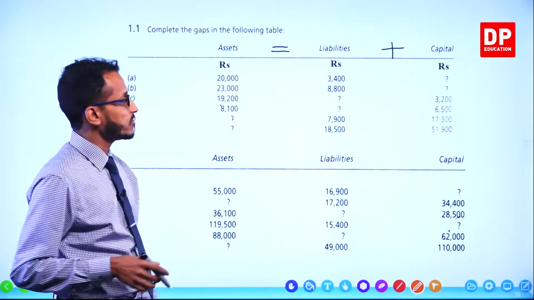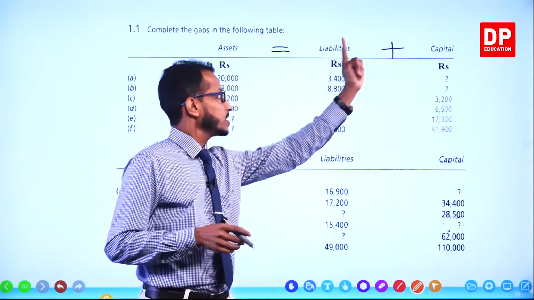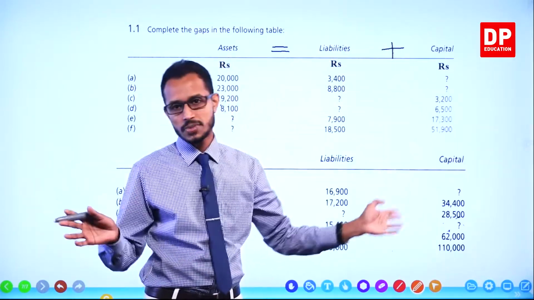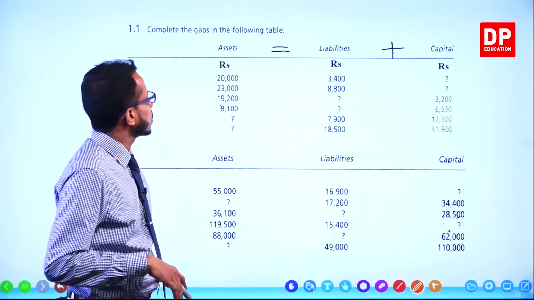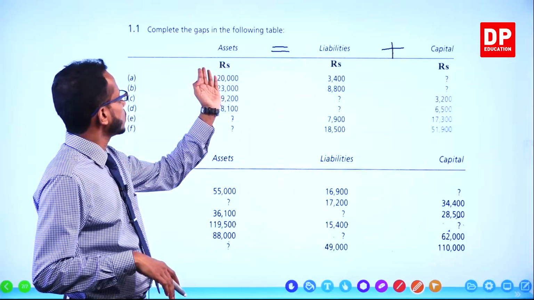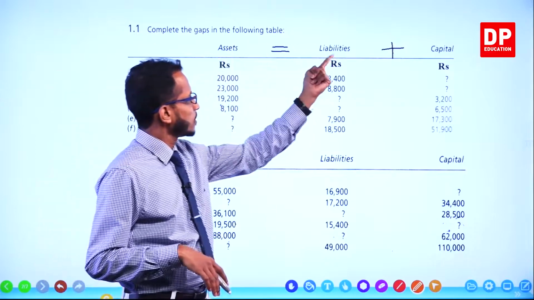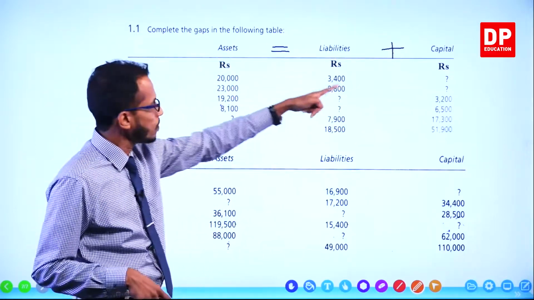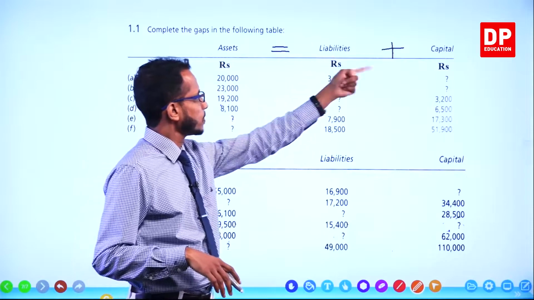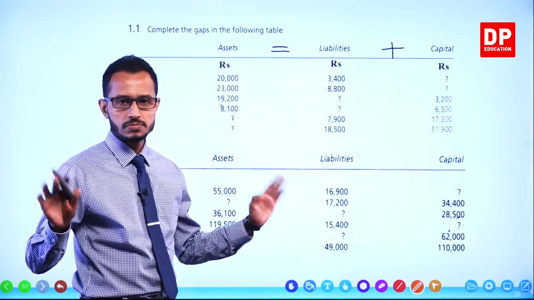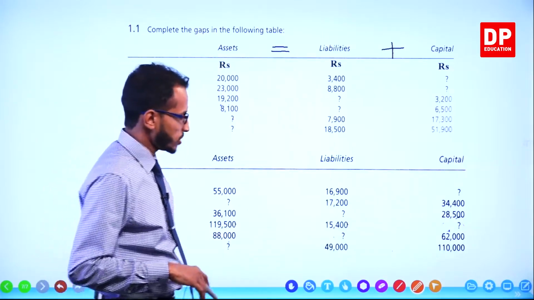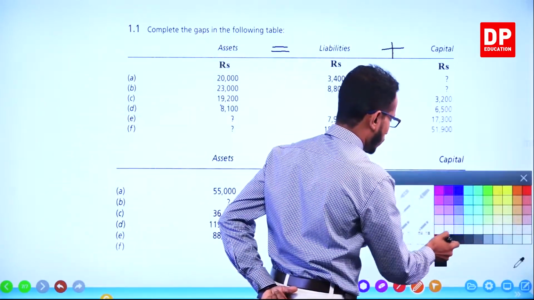Now in this screen we have liabilities plus capital. It's the same thing. No difference, right? So then we can say assets equals liabilities plus capital, or assets equals capital plus liabilities. Same thing. We'll do the calculations to finish it off.